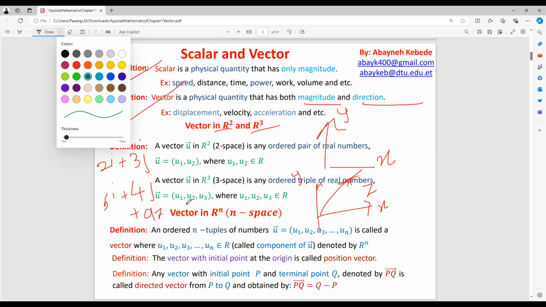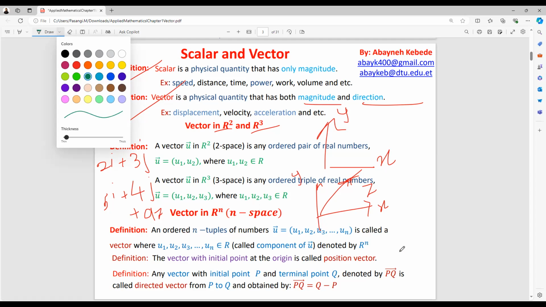The definition is an ordered n-tuple of numbers, that is u equals u1, u2, u3 up until un, is called a vector, where u1, u2, u3, up to un are real numbers called the components of vector u.